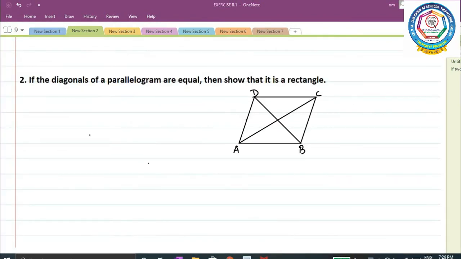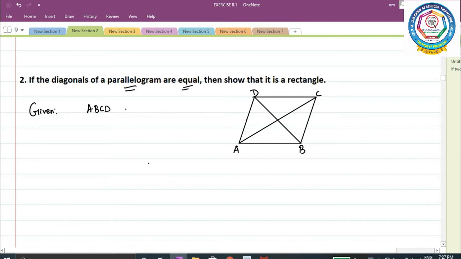Sum number 2. If the diagonals of a parallelogram are equal, then show that it is a rectangle. So here ABCD is a parallelogram. The diagonals are equal. We have to prove ABCD is a rectangle. So given, what is given?